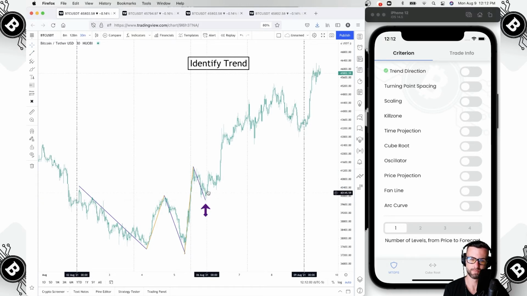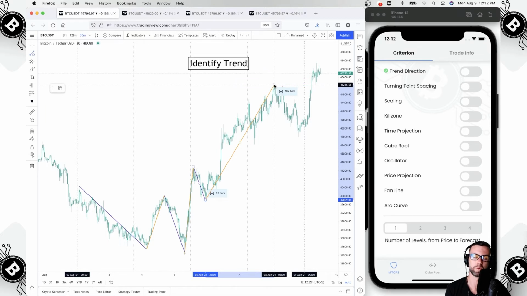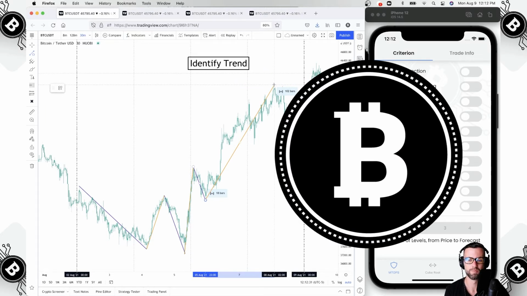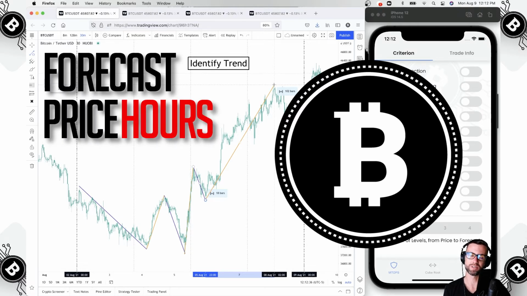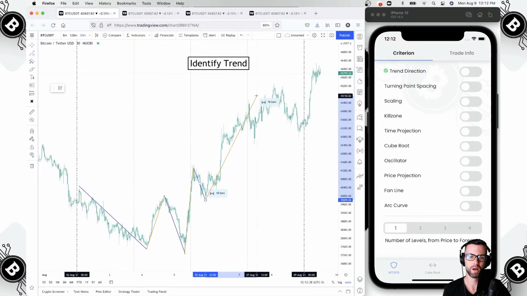From that low to the next high. Now you might think that it would be here, here, or here, there, or there. But because of our strategy and how we can forecast price days and hours, weeks ahead of time, I know from experience that it's there.